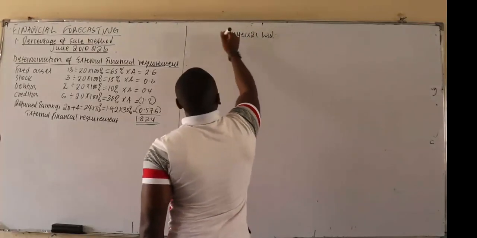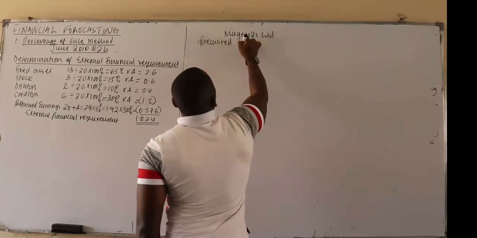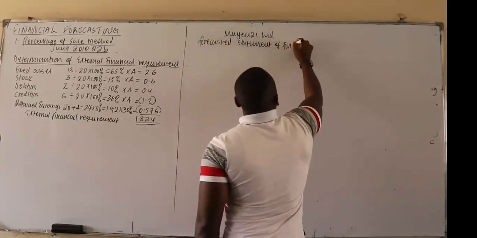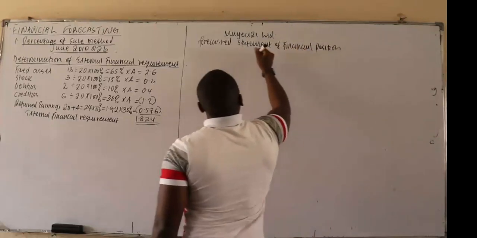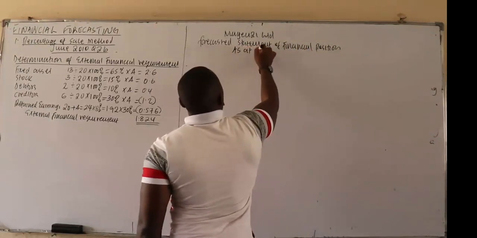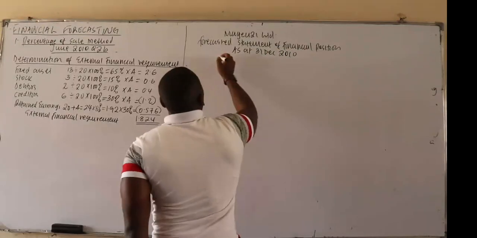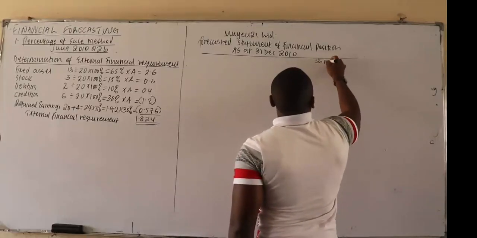Mageuzi Limited, prepare the forecasted statement of financial position as at 31st of December 2010. Our shillings are in millions.